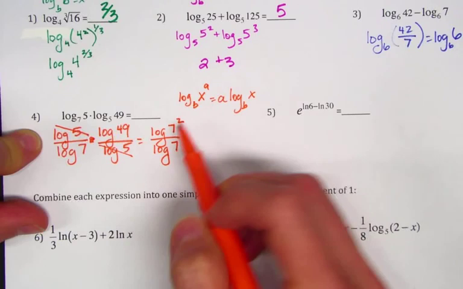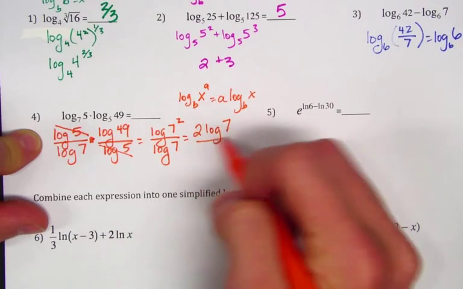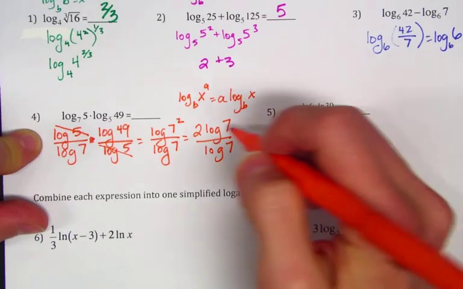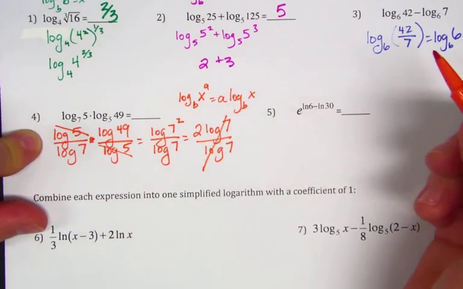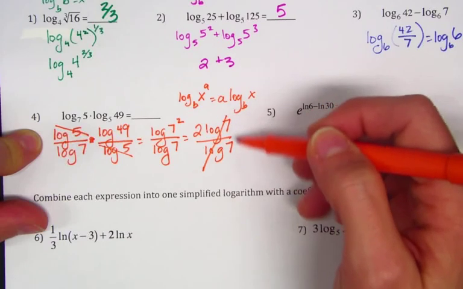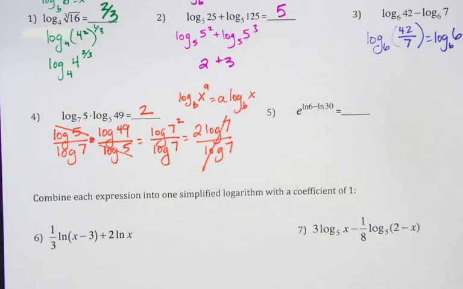So that's what I'm going to do here. I'm going to bring the 2 in front, so I have 2 log 7 over log 7, and now you'll notice I can cancel out the log 7s. You can only cancel the logs out this way if they're the exact same thing. So this becomes a 2 right here.